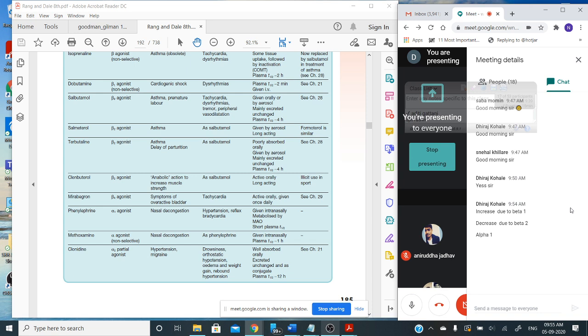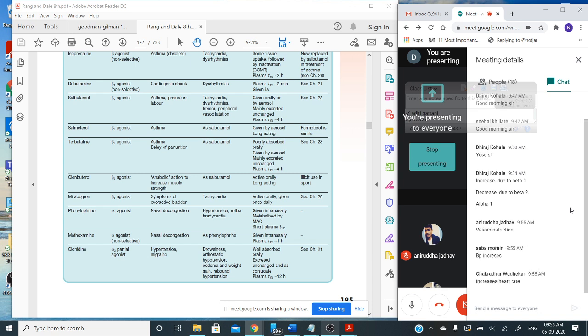So Dale studied one thing. He gave adrenaline and checked the response. Then he gave an alpha 1 receptor blocker. When no drug was given and only adrenaline was given, there was an overall increase in blood pressure.